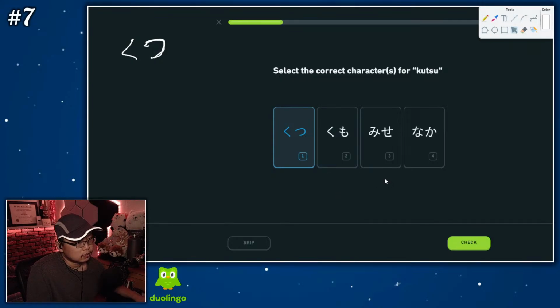Kumo. Mise. And Naka. 中 Naka. 店 Mise. 雲 Kumo. 靴 Tsu.